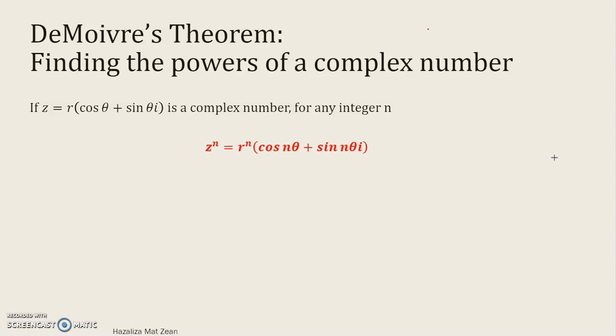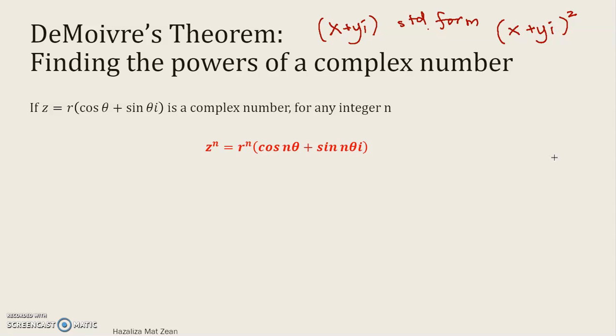This is used to find the powers of a complex number. If the complex number, let's say x plus yi, is in the standard form, it will not be very easy to find its powers unless it's just a power of 2.